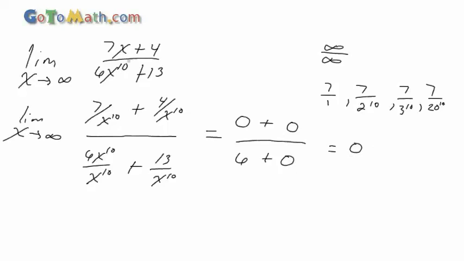Okay. Now here's a quick shortcut on this. If you have the leading term in the denominator, if its exponent, which is a 10, is larger than the leading term up here in the numerator, which is 7x, but x has 1, right?